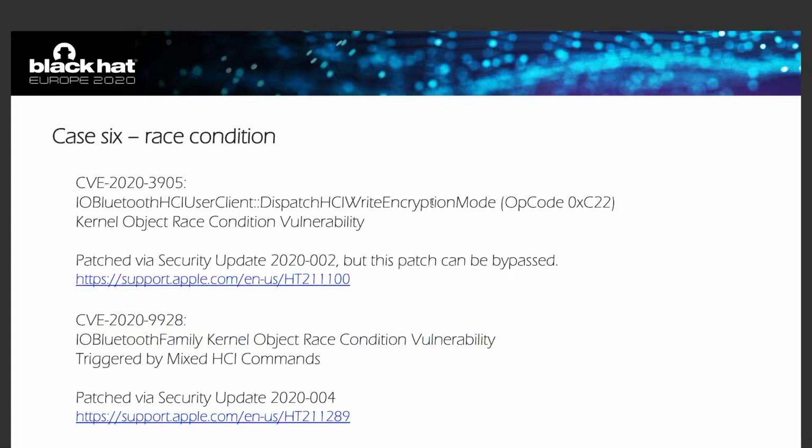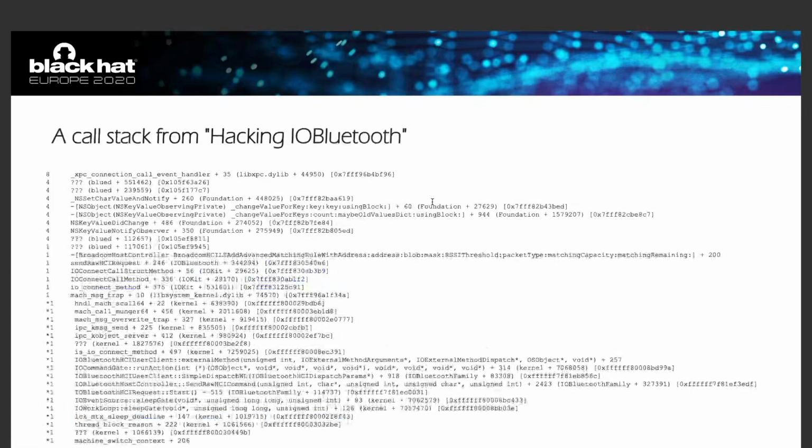Okay, the last one. The last case also represents a class of vulnerability that took 2 patch days to fix. The story can start with the call stack in the article Hacking IOBluetooth. When I first saw the call stack, the only word I could say was wow. With the deepening of research, I found that this call stack contained a lot of useful information.